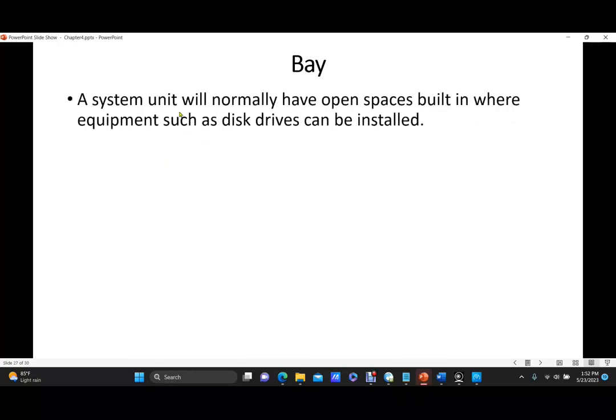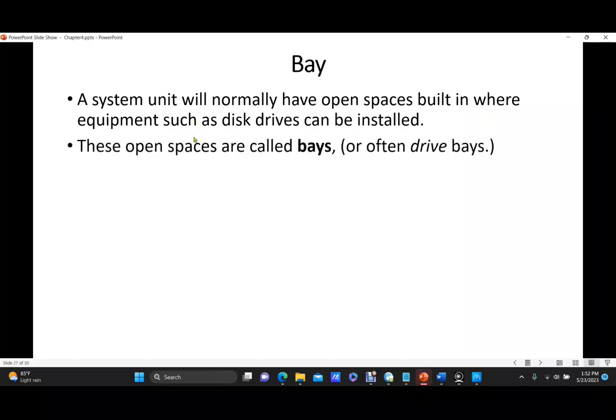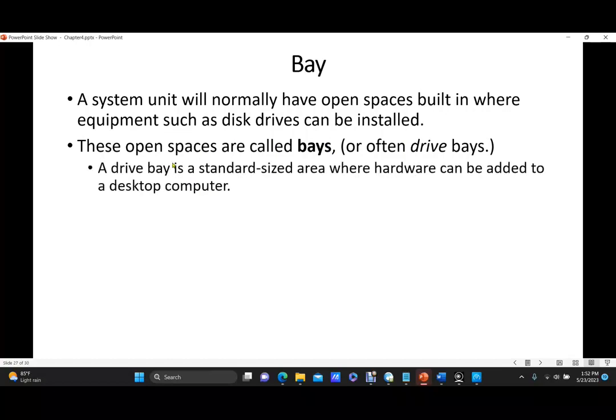A system unit is going to have open spaces built in where equipment like disk drives can be installed. These open spaces are called bays or drive bays. A drive bay or a bay is a standard size area where hardware can be added to a desktop computer.